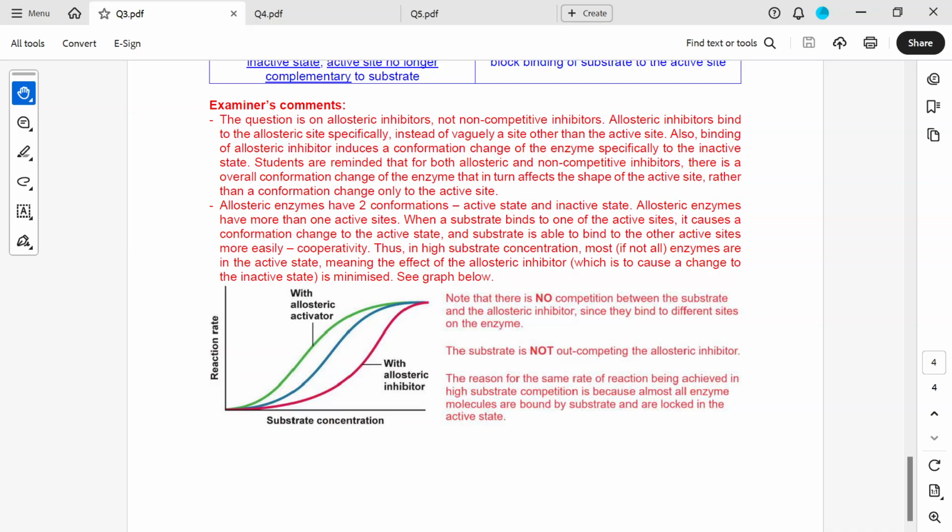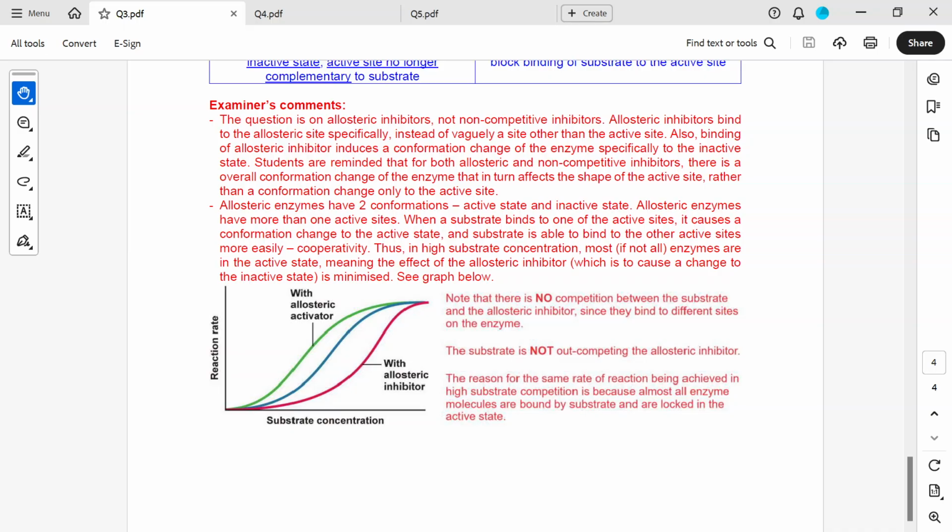The curve in blue is the normal enzyme activity without any activator or inhibitor. So you can see that with the allosteric inhibitor, it actually reaches Vmax, unlike what many of you try to mention, because you are mixing up allosteric inhibitor with non-competitive inhibitor.